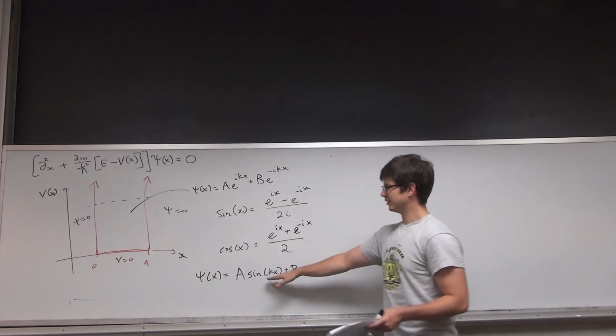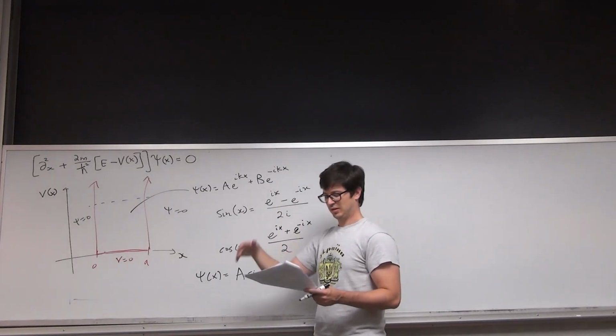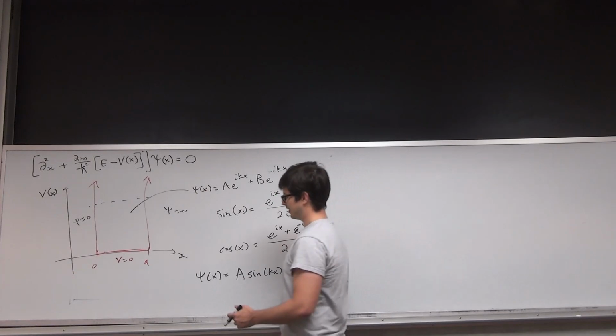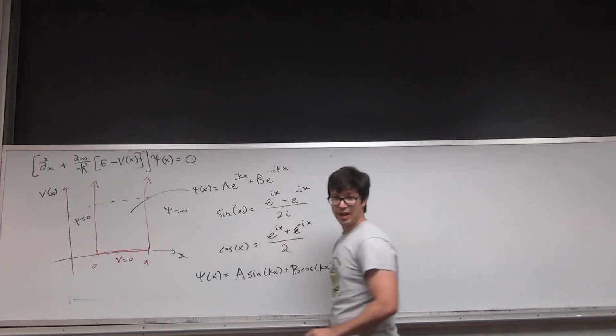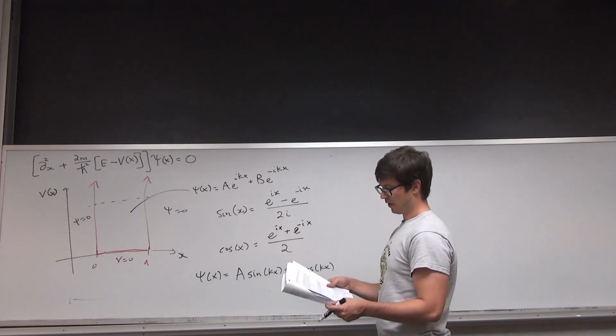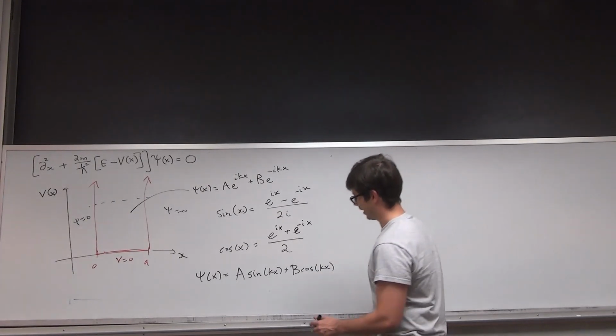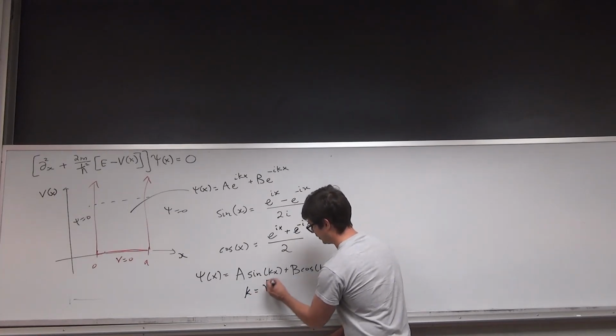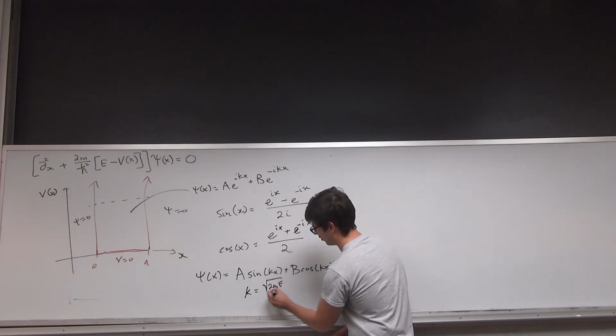And these are oscillatory functions, right? And so the only way that this can work is if you have certain values of k. Right, that's the only way, and k, by the way, is just the usual thing, square root of 2mE over h bar.